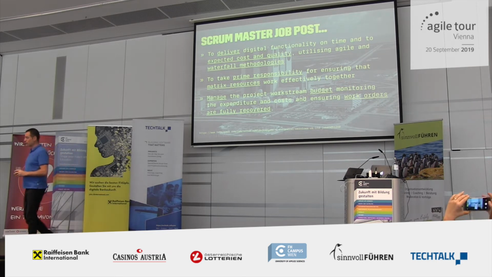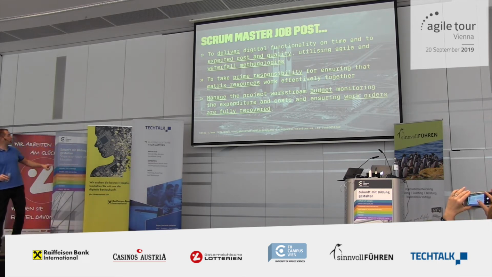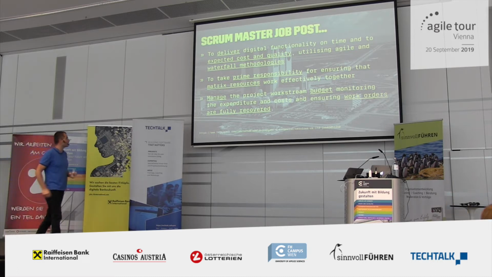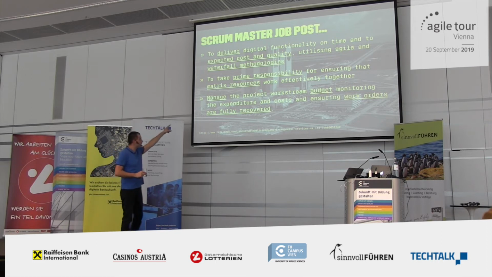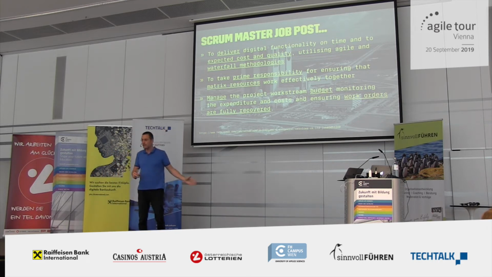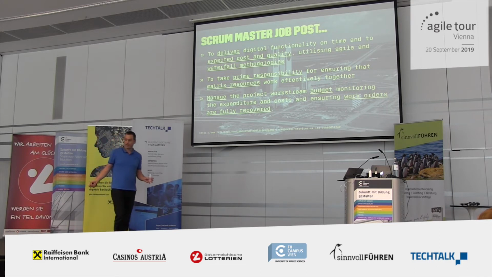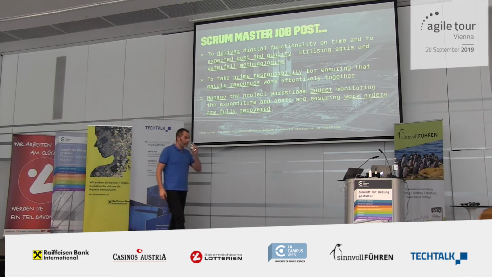It's a Scrum Master job post that requires people to deliver expected cost and quality using Agile and Waterfall, to take prime responsibility for matrix resources, whatever that means, and then to manage budget and work orders and stuff like that. So what this has to do with Scrum Masters, I have no idea. I want to apply. But we're getting this.